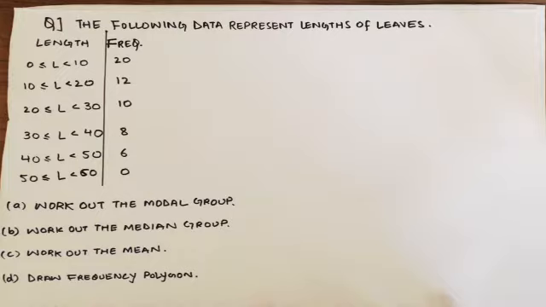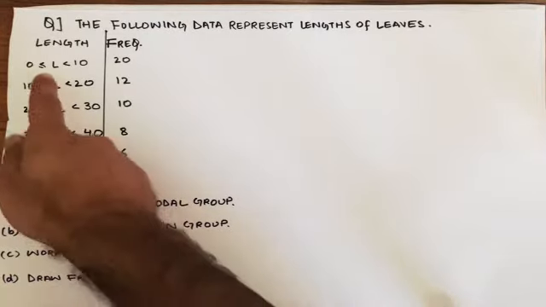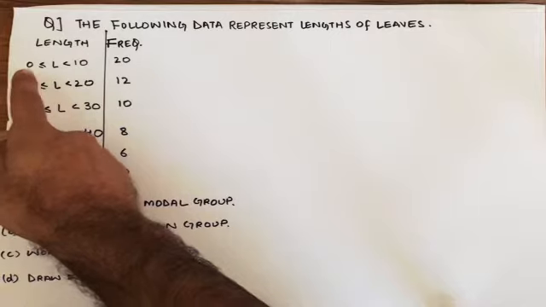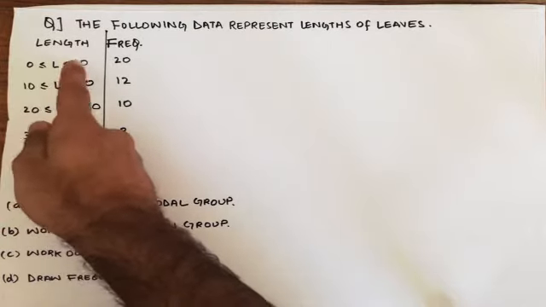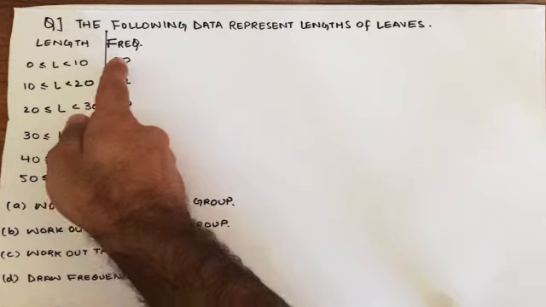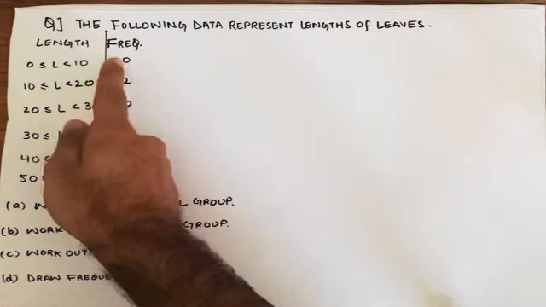So here we have a question that is obviously from your past papers. So let me just explain what the chart says. The following data represent length of leaves. So our data here is dealing with lengths. If you see the first interval, it is saying that there are certain leaves which are between the length of 0 and 10 and their quantity is 20.